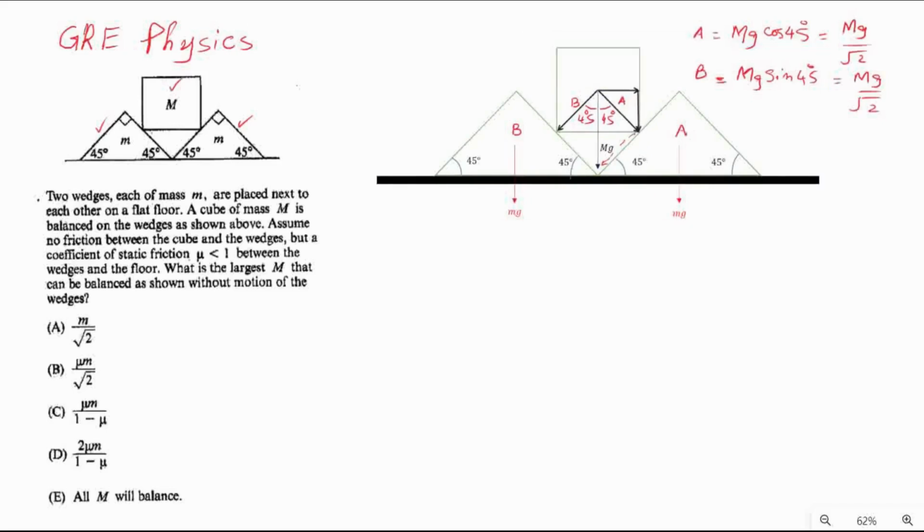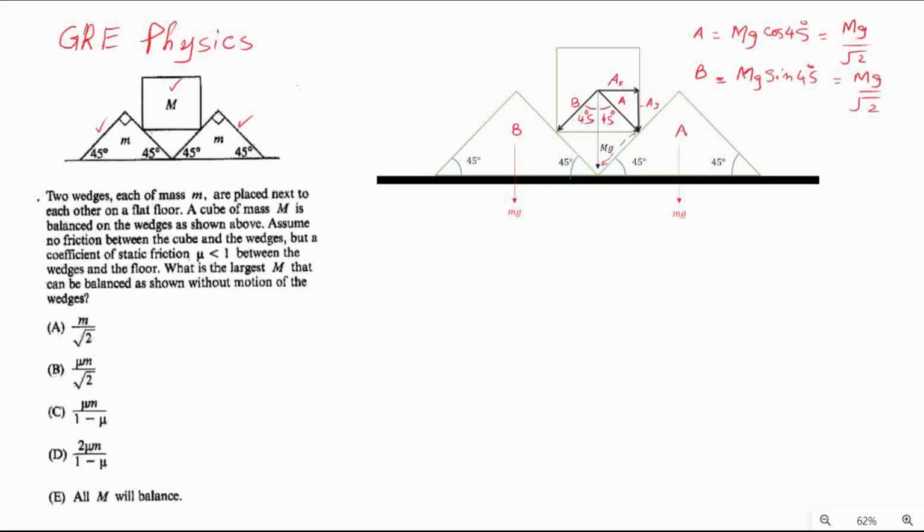Let us call this one the AX component, which is actually responsible for pushing the wedge A to the right, and this one AY. Now let us find out their magnitudes.